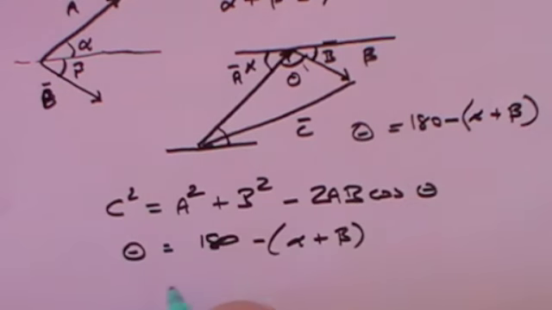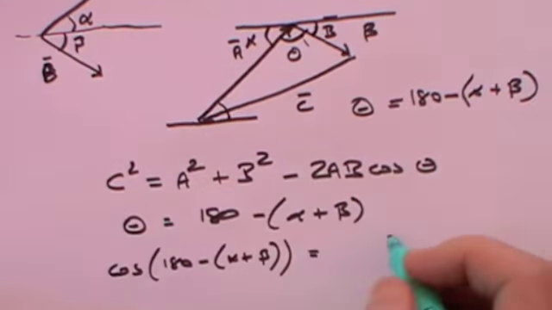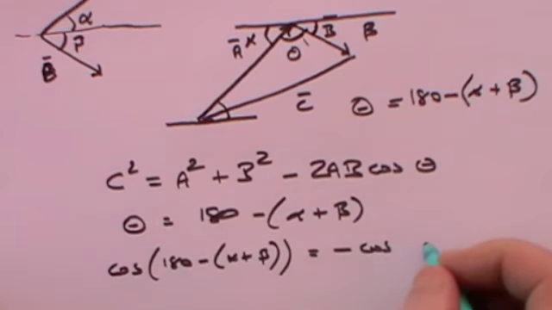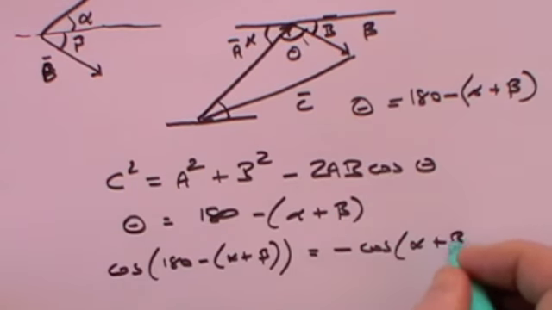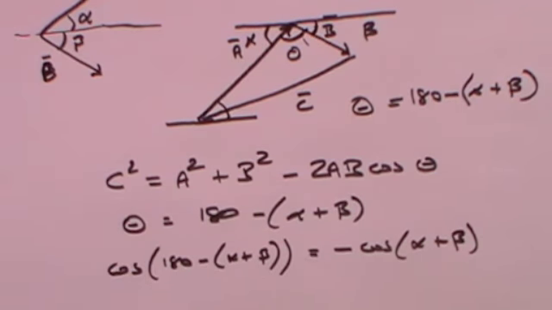So what is the cosine of 180 minus (alpha plus beta)? That equals, of course, minus the cosine of (alpha plus beta). Because, say, the cosine of 150 is minus the cosine of 30.